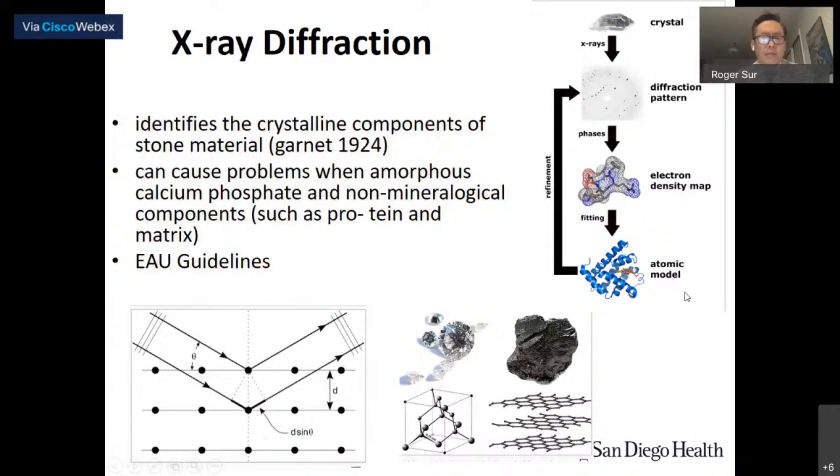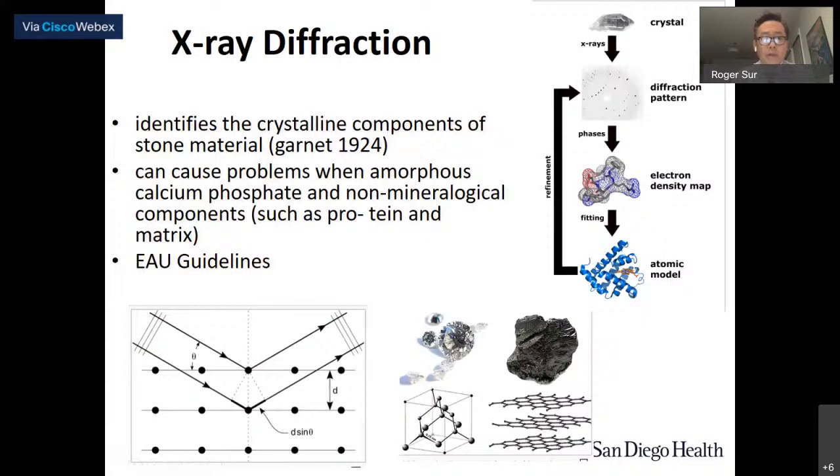So X-ray diffraction, what is X-ray diffraction? This is actually thought to be one of the more accurate ways to perform a stone analysis. So if your lab does this, kudos to them, and you can feel confident that you're getting an accurate description of the stone.